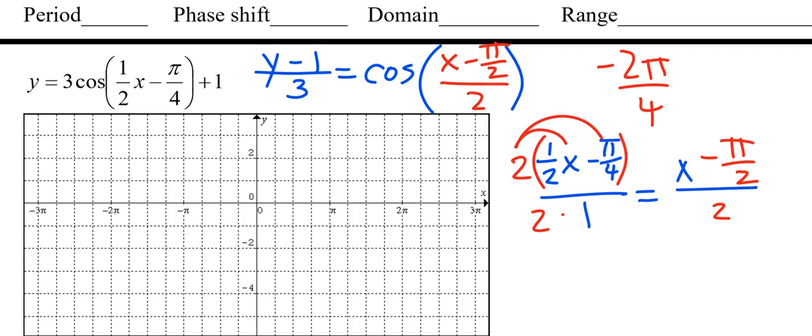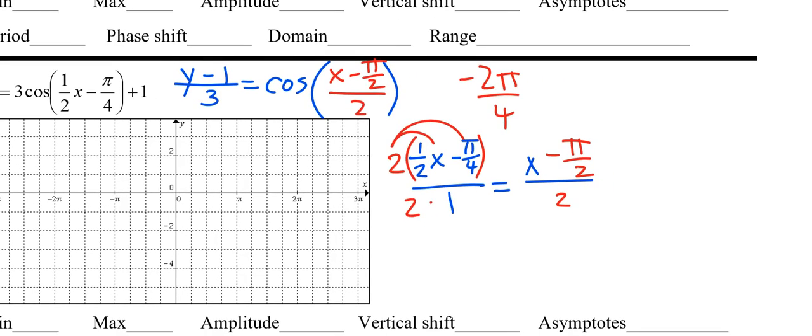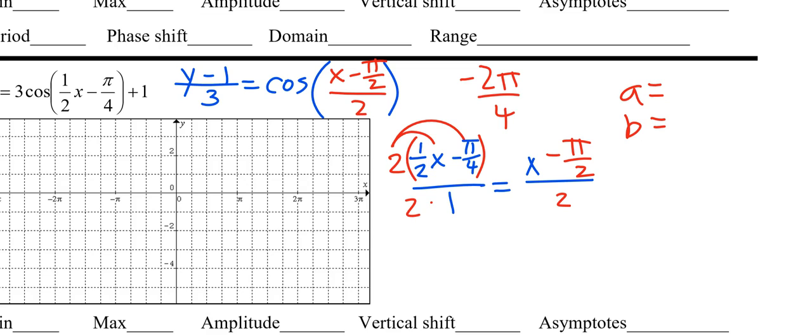and we can figure out A, B, H, and K. Let's see here. What's A? Anybody got A? 2. How about B? 3. H: positive pi over 2.